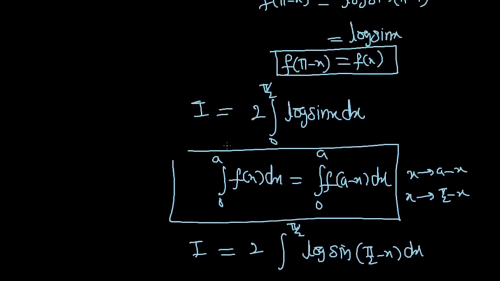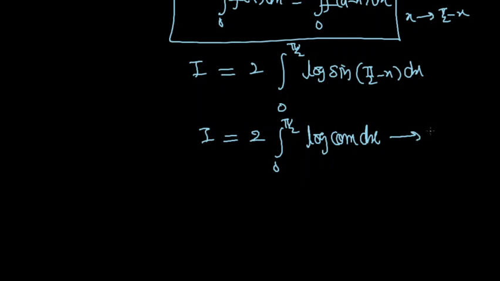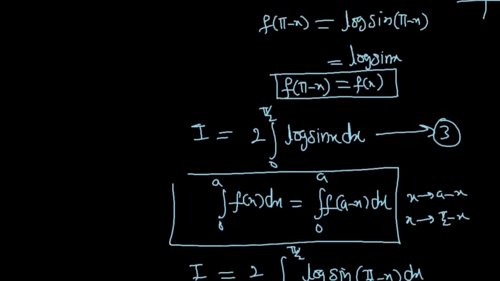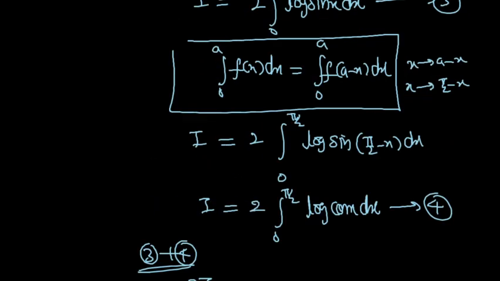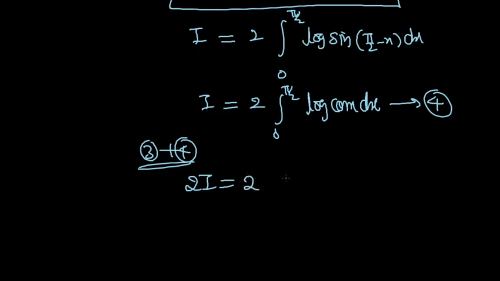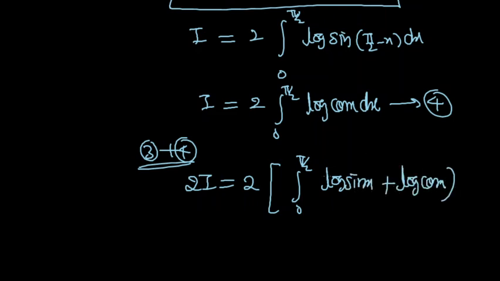Before applying the property, let us call it equation 3. After applying the property, call it equation 4. Equation 3 and 4 added together. If I add these, the left side is I plus I, which is 2I, and on the right 2 is taken common, and here integral 0 to pi by 2 of log sin x plus log cos x, whole dx.